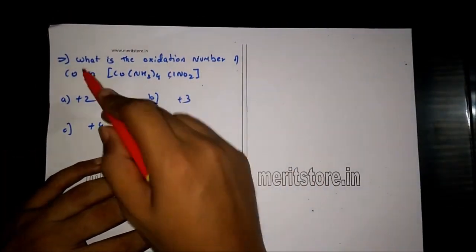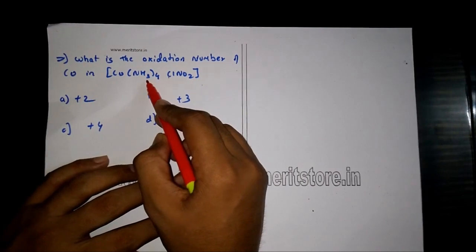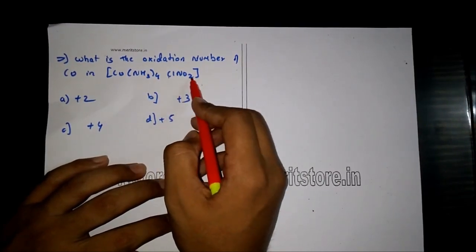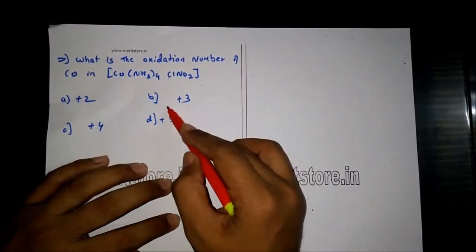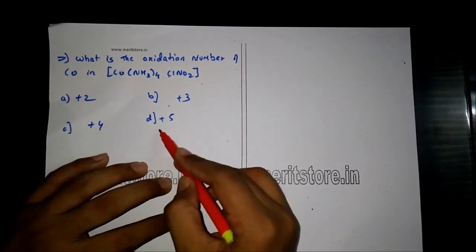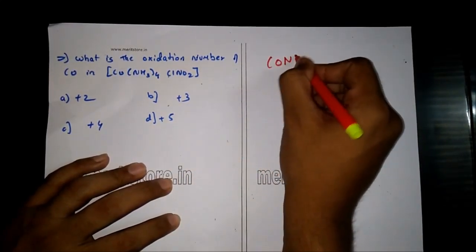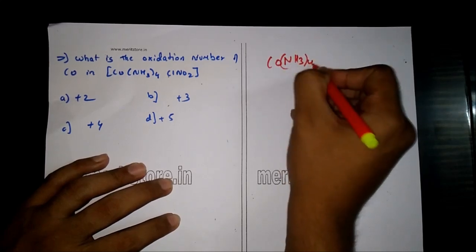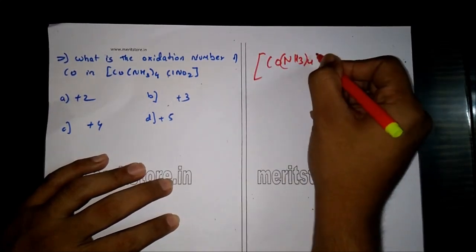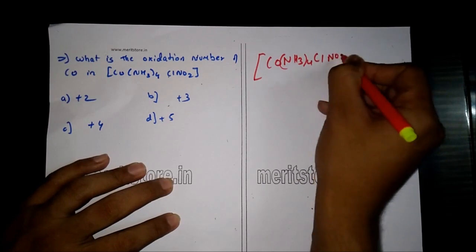Oxidation number of cobalt in Co(NH3)4 Cl NO2. Either it is A plus 2, B plus 3, C plus 4, or D plus 5. Now let's look at this compound, which is Co(NH3)4 ClNO2.